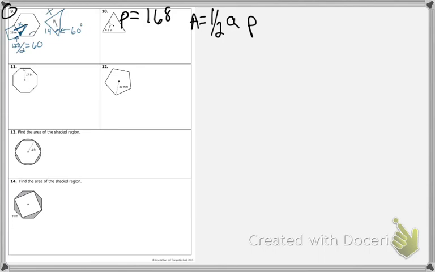Alright, so let's label opposite, adjacent. We're going to have to use TOA again. I'll do it over here, on the blank side.